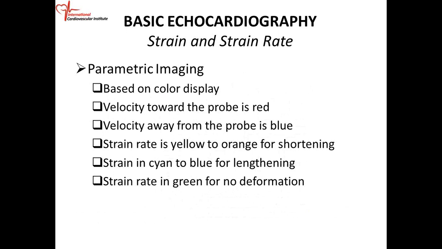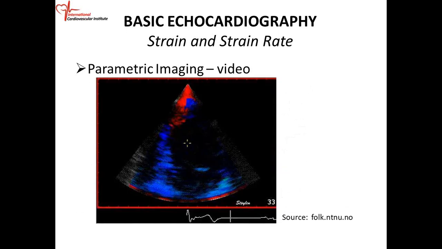So if the muscle is shortening, you're going to see yellow to orange coloration. And then strain is cyan to blue for lengthening. Strain rate is green if there's no deformation.